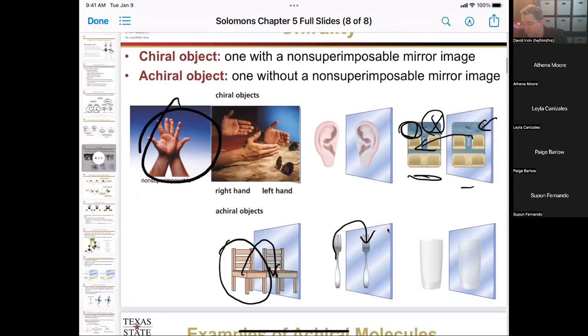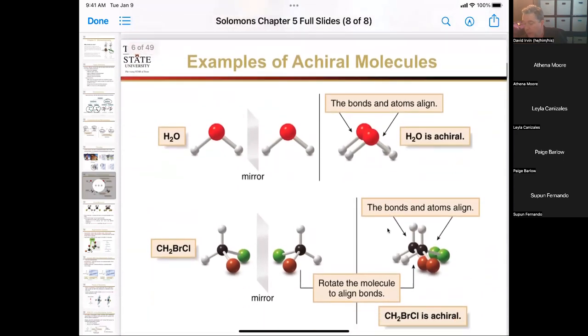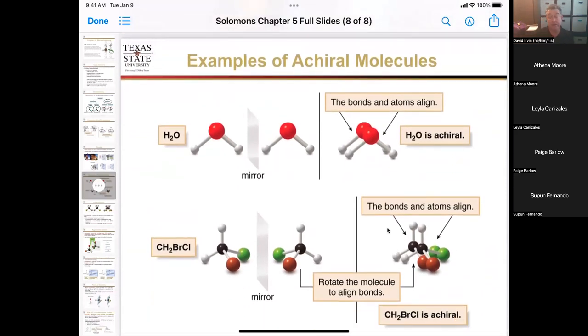All right, so do all molecules have chirality? No, most molecules aren't chiral. But we have to look for two things. Number one, we look for a mirror image, and then we look, can we overlap them together? So if we look at water here, we can draw a mirror image of water with hydrogen, hydrogen, oxygen, oxygen, hydrogen, hydrogen.